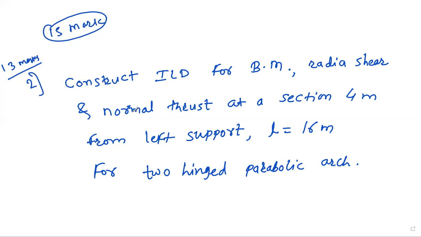That complete question is asked for 25 marks. So I will not take that, it is already in your notebook. So this completes your 2 hinge arch. One theoretical question, one numerical that I have taken.